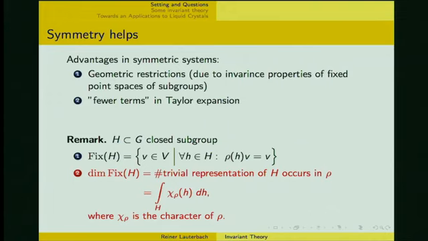The dimension of the fixed space is given by the number of times the trivial representation of H is contained in the representation of G. So this is a way of counting the representations, and you do this by restricting the character of the original representation to H, and you integrate this character over H, and the integration, if you do it in general, you use Haar measure. If you have a finite group, you just add these values. So this is a very general formula to find out the dimension of the fixed point space, and you will see why this is useful later.